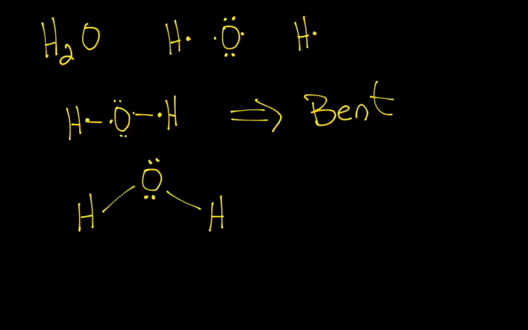We're going to have polar bonds with the electron being closer to the oxygen. So this time the oxygen is pulling both the electrons closer to itself, making the oxygen partially negative, the hydrogens partially positive. So this is going to be a polar molecule.